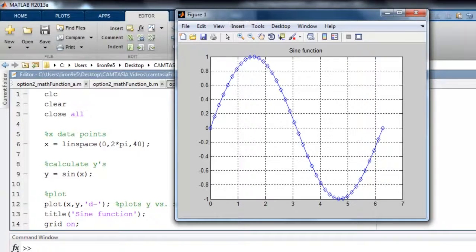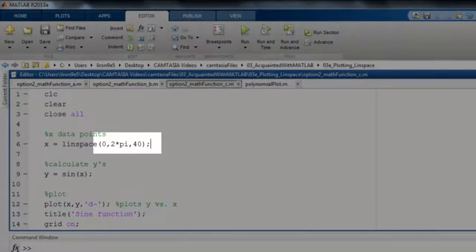Maybe I did too many data points. The interest of reducing the amount of data points is to save memory. If one day you're limited in the amount of memory you have, for example a space shuttle, then you might want to reduce it to exactly what you need. Maybe we could do 30.